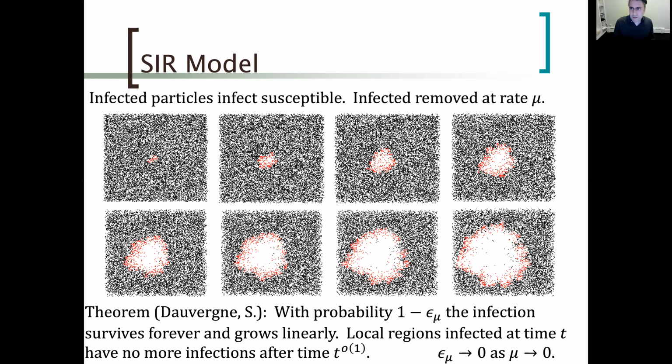In that case, we need to choose the block size L as some function of the infection rate, so that it's small enough that typically there won't be many healing events before the infection has spread through that block. And so with positive probability, tending to 1 as the healing rate tends to 0, the infection survives forever and grows linearly.